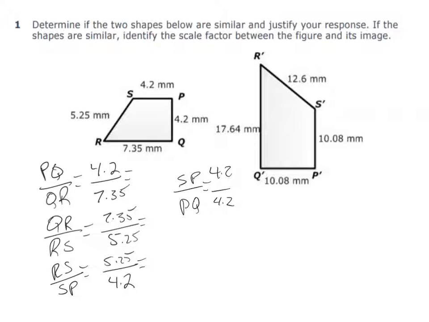So PQ to QR is going to give me 0.57, and then QR to RS is going to give me 1.4, and then RS to SP looks like 1.25, and of course SP to PQ is going to give me 1.